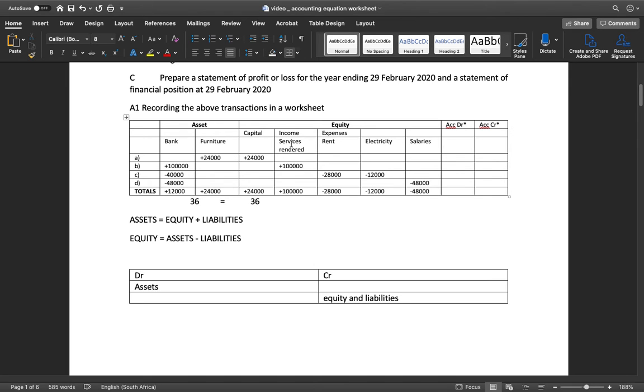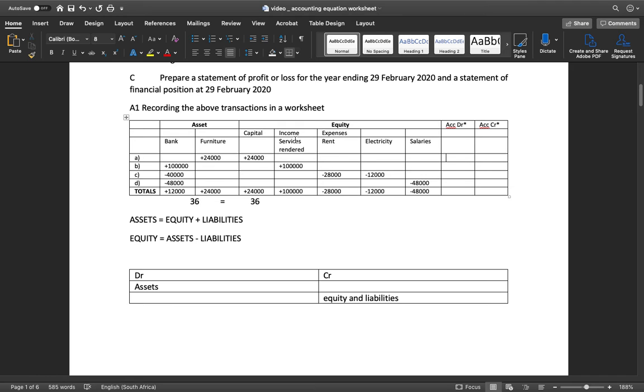We could have sale of goods or sales from services rendered, and various expenses such as rent, electricity and salaries. So each of these types of expenses will be categorized as expenses and will have their own account in the general ledger.